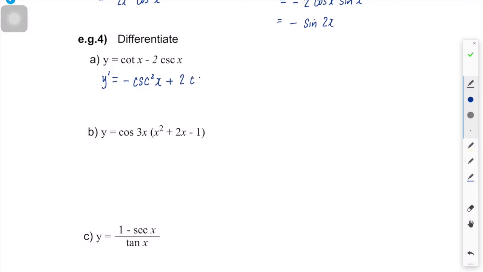I have 2 times cosecant x times cotangent x. You may wish to simplify this by factoring out negative cosecant x, which means I have cosecant left in the first term, minus 2 cotangent x in the second term.